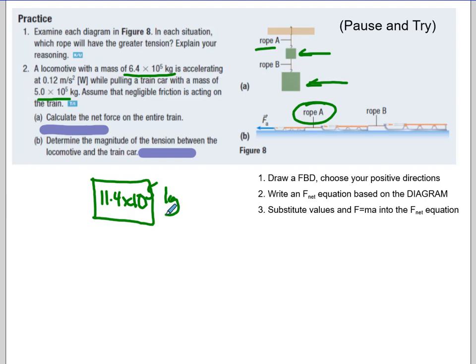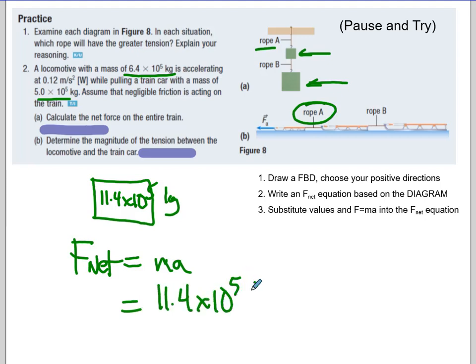There's your mass of your system, and it's accelerating at a certain amount, so we can come up with, and I'll just do it really fast, F net equals, in this case it's just going to be our unbalanced force, so MA. So we take that mass, and I don't have a calculator handy, and we times it by the acceleration.